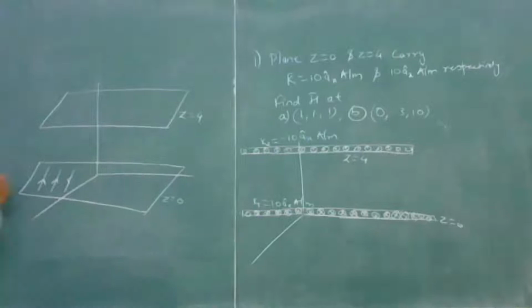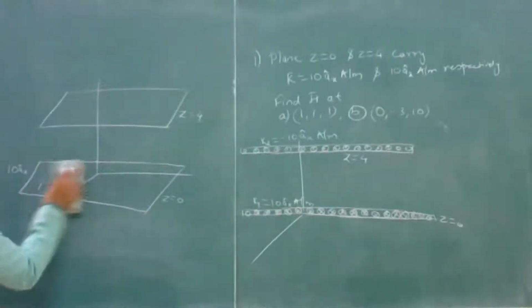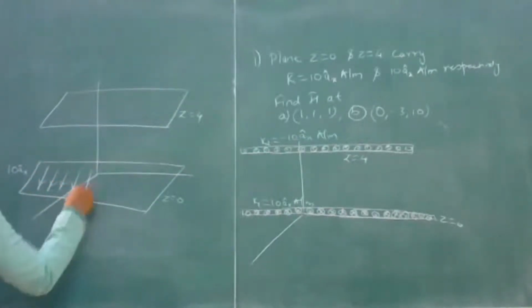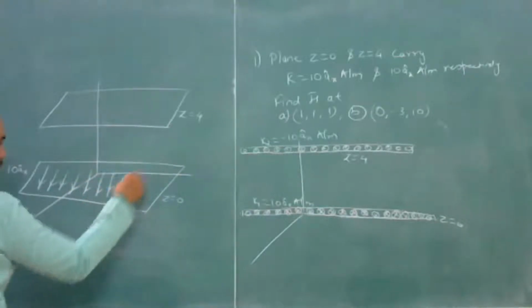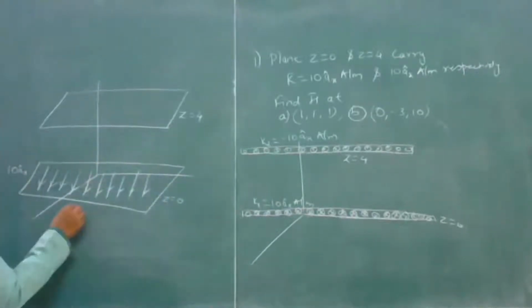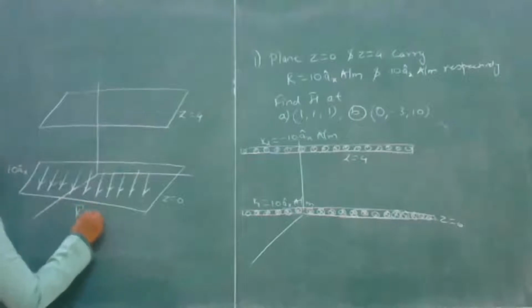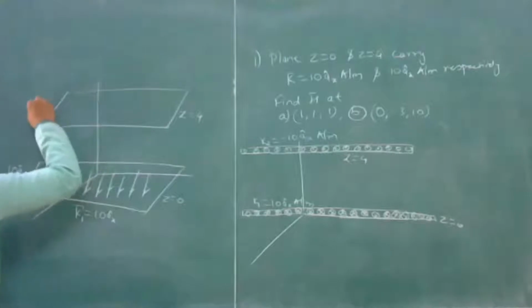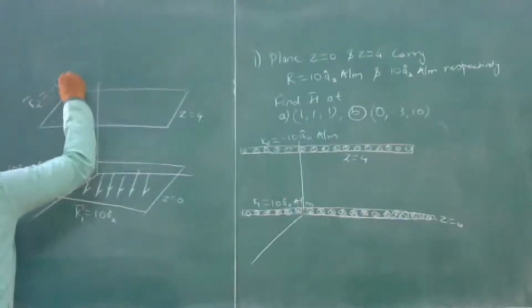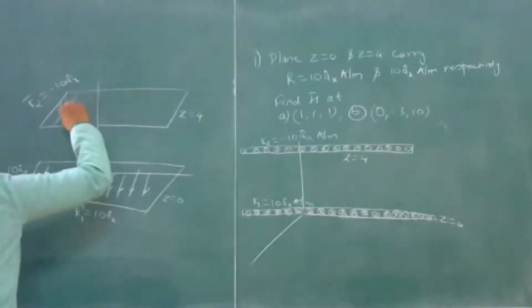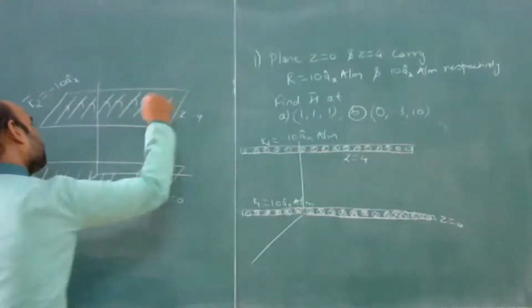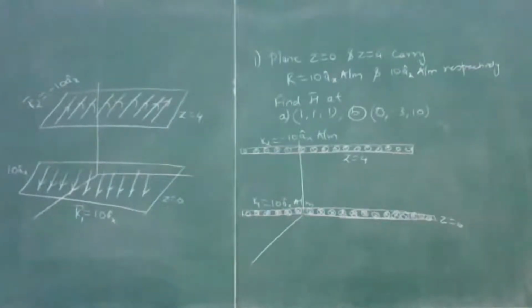K1 is 10 a_x, so the current direction is along the positive direction, and K2 is equal to minus 10 a_x.